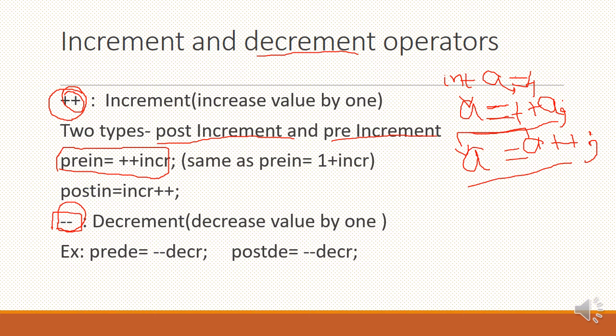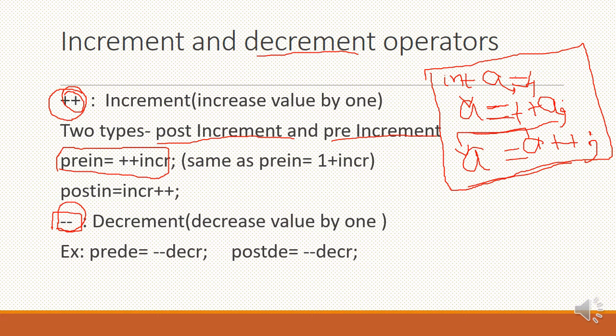Please try to understand the concept of increment, that is, what post-increment and pre-increment mean. Depending on the application, we use one or the other: wherever pre-increment is necessary, we use pre-increment, and wherever post-increment is necessary, we use post-increment.